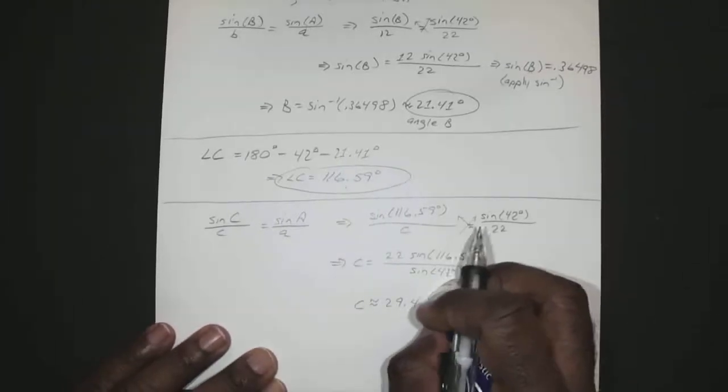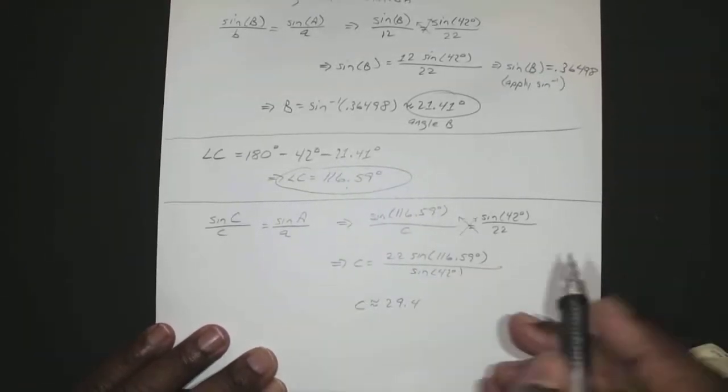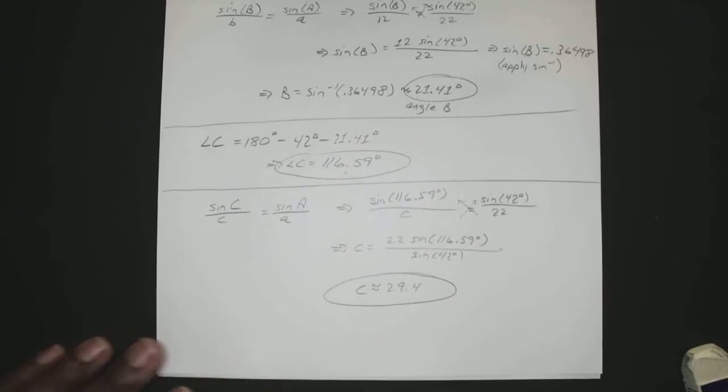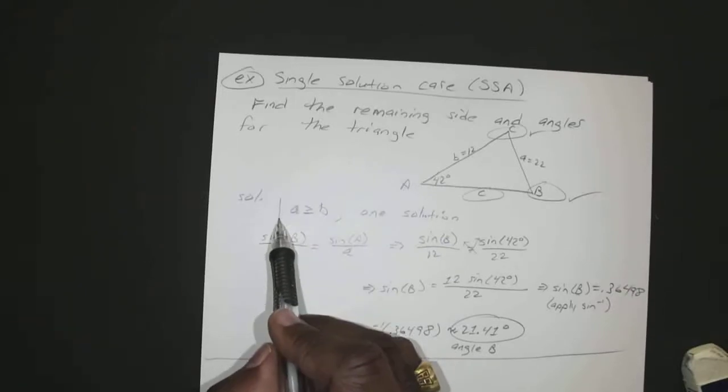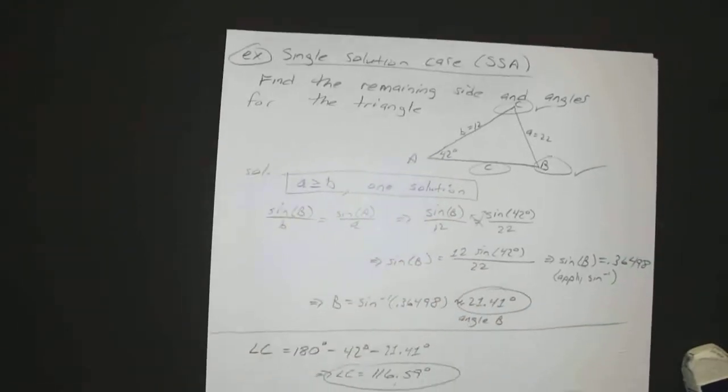Not really measured yet, so we'll just leave that as 29.4. All right, so any questions on that one? And remember, you only needed one solution because A is greater than or equal to B.